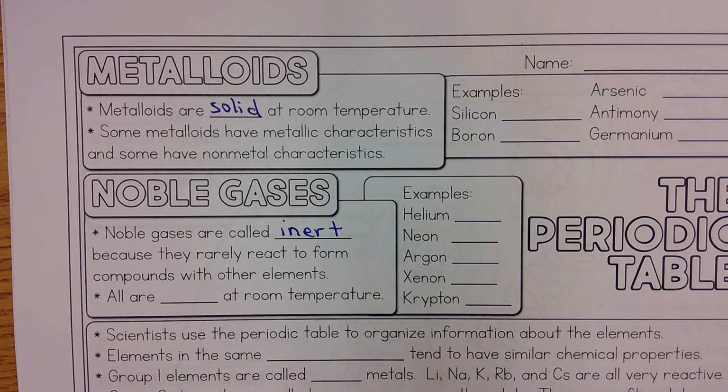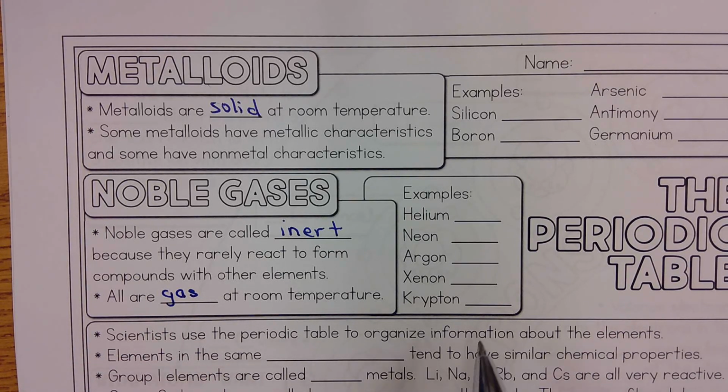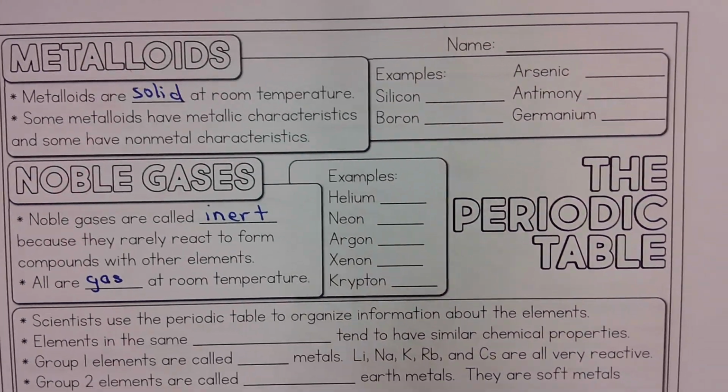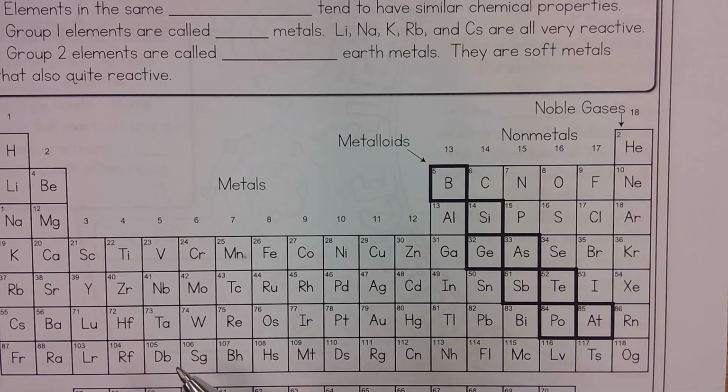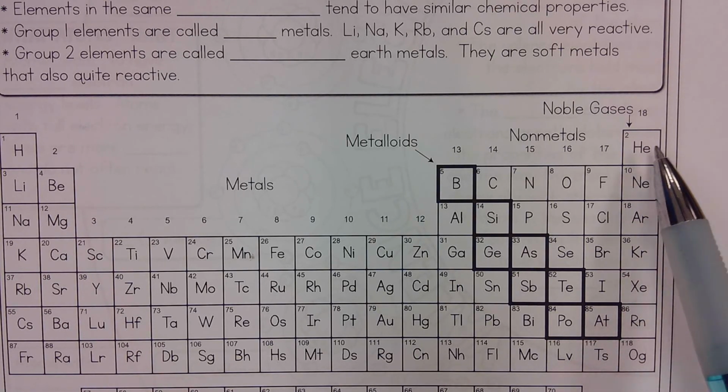They're happy just by themselves. And all of them are gases at room temperature. Here's some examples: helium, neon, krypton, and the like. And you can see when I move to the periodic table, they are all the ones in this 18th column right here. They are all the noble gases on that side.